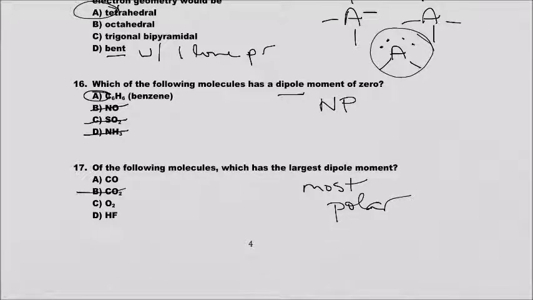We know anything bonded to itself, just 2 atoms, is nonpolar. So we have the electronegativity difference between C and O and H and F. Which one would be greater and therefore be more polar? We definitely want to pick D. In this case, HF. Fluorine's the most electronegative element, so that's going to have a much larger difference than the other choice.